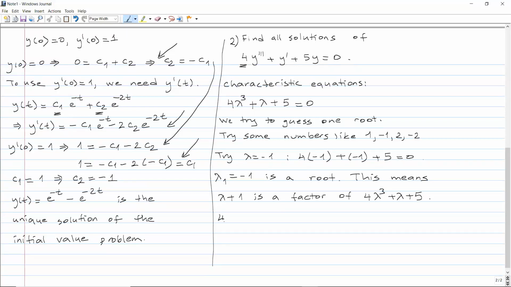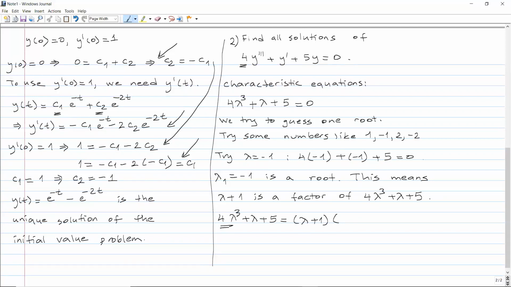So we try to write our polynomial as lambda plus 1 times a second degree polynomial, so that the second degree polynomial times lambda plus 1 should give us 4 lambda cubed plus lambda plus 5. You can try polynomial division, or you can try to find the terms of the second degree polynomial one by one. So first we have lambda.